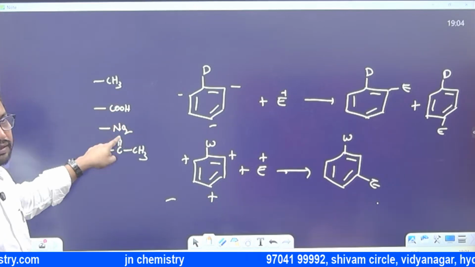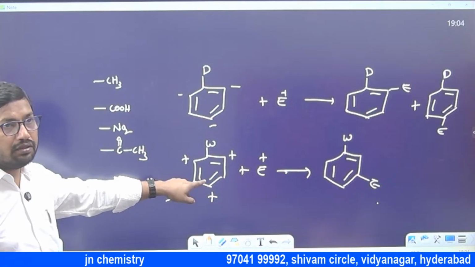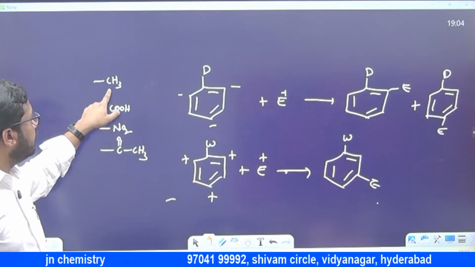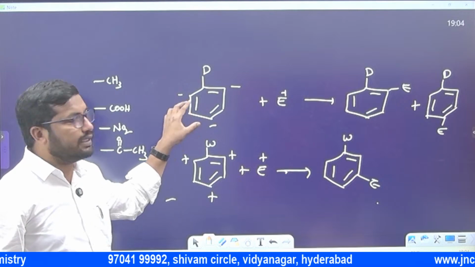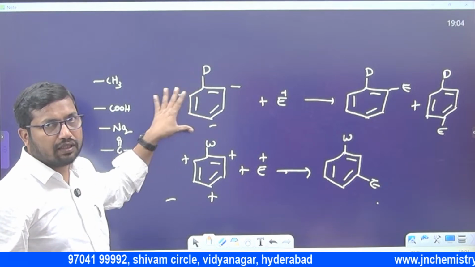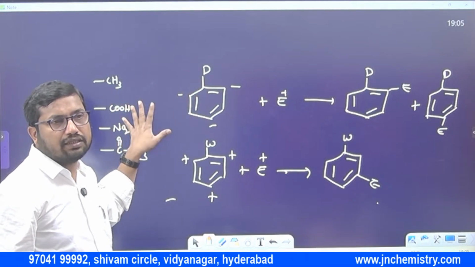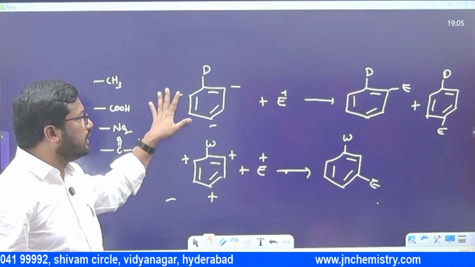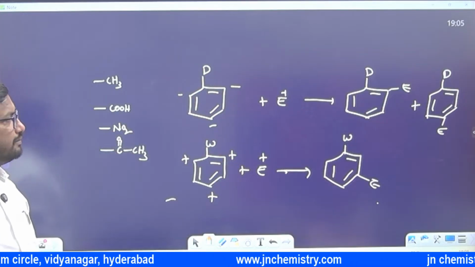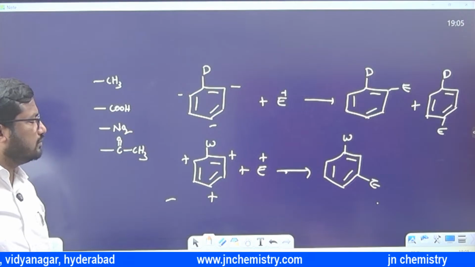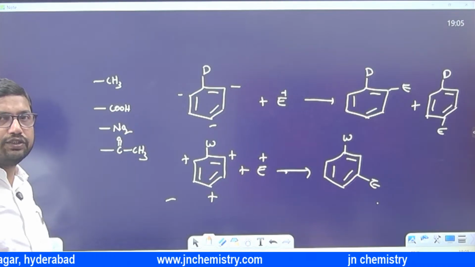These three are minus M. At ortho and para positions positive charge is coming. But for CH3, at ortho para positions there are negative charges and electron density is more. They asked the same question yesterday in JEE Mains. One of the important key concepts, write it down, because I explained the resonating structures.